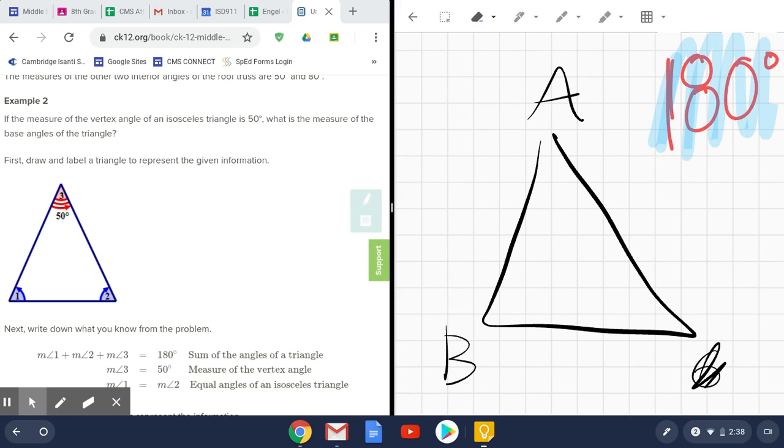That's not a C. Right? We know that the vertex of an isosceles triangle is 50 degrees. So we know that this is 50 degrees. And we know if this is truly an isosceles triangle, we are trying to figure out what the size is for B and C. So it goes right here and right here.